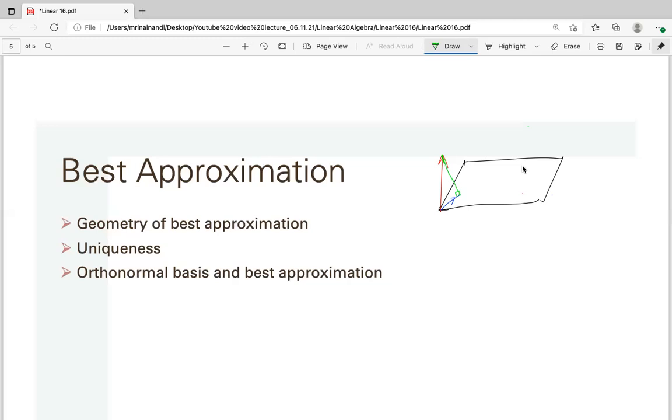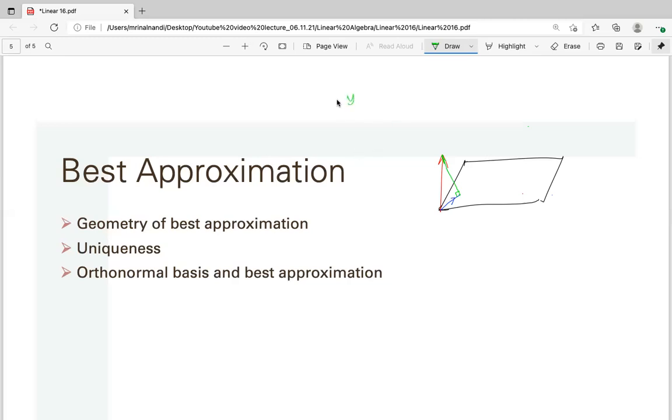This holds if x1, x2, up to xn is an orthonormal basis. If y is not in that subspace, then you can't write y as c1 x1 plus c2 x2 up to cn xn, but we want to find c1, c2, up to cn such that c1 x1 plus c2 x2 up to cn xn is the closest to y. In which sense?